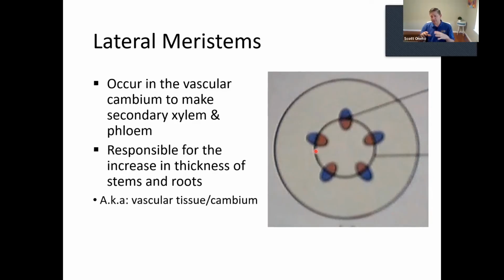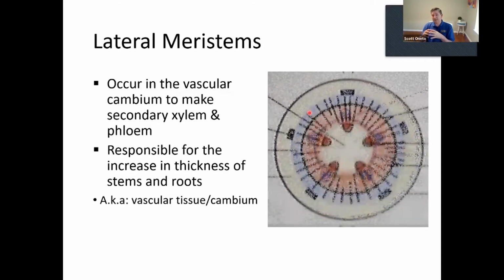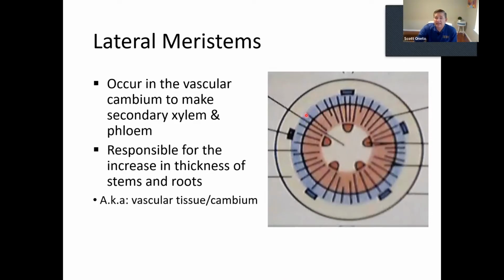Once this lateral meristem is formed, it starts undergoing mitosis and makes cells to the inside of this ring and cells to the outside of this ring. Over time, it'll look like this. This ring that formed is making xylem cells to the inside.